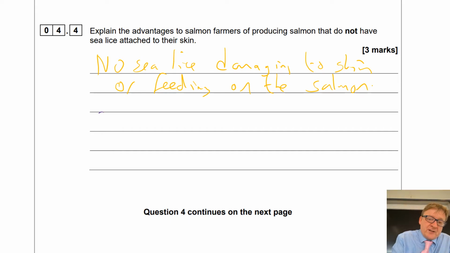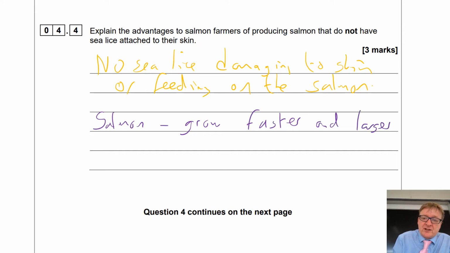Also, the salmon, if they haven't got the sea lice on, will grow faster and larger, because all of a sudden the sea lice isn't taking away the nutrients. So salmon can then be sold for more.